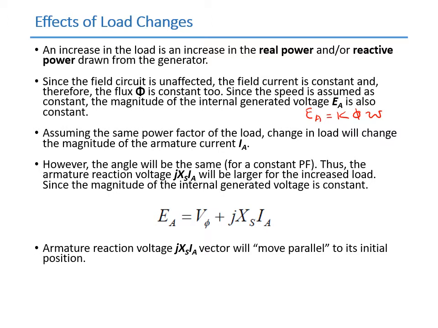Thus, the armature reaction voltage jXsIA will be larger for the increased load. Since the magnitude of the internal generated voltage is constant, i.e. EA equals V phi plus jXsIA, the armature reaction voltage jXsIA vector will move parallel to its initial position, as we will see on the following slide.